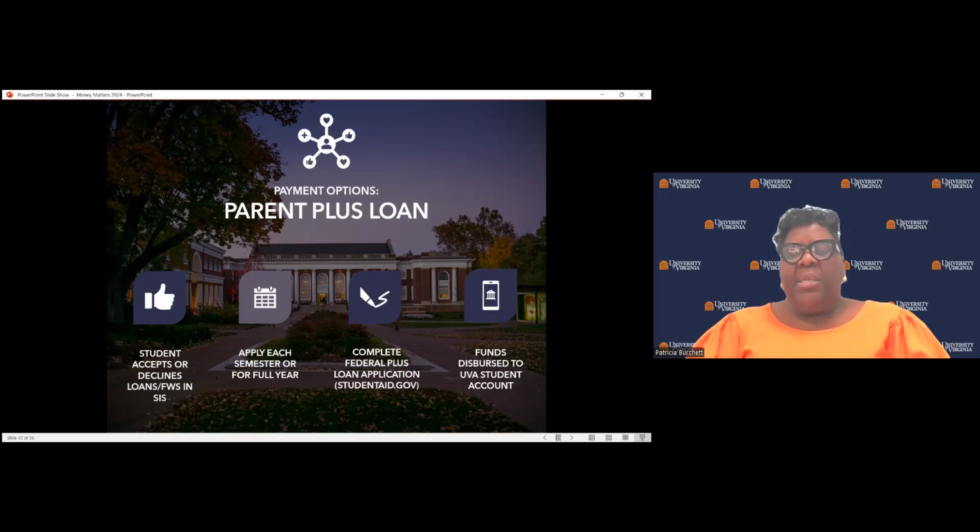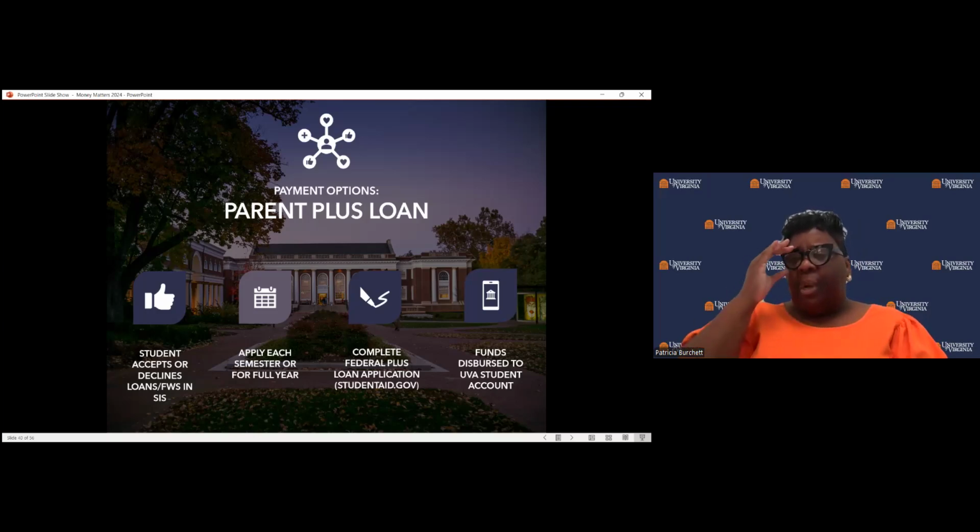Again, it is based on creditworthiness. It is not based on need. And so it's not the same as a student direct, unsubsidized or subsidized student loan, which is based on need. And once approved, if approved, those funds are disbursed to your student's account, and our loan department will handle that accordingly.